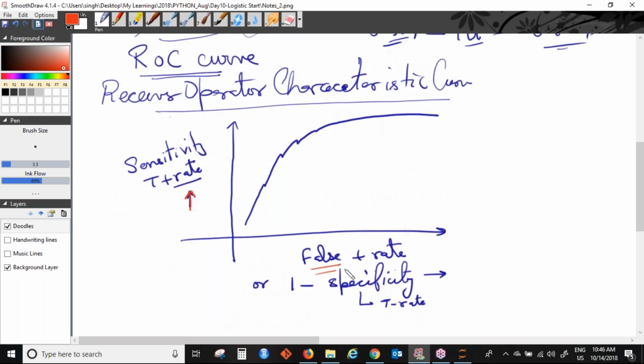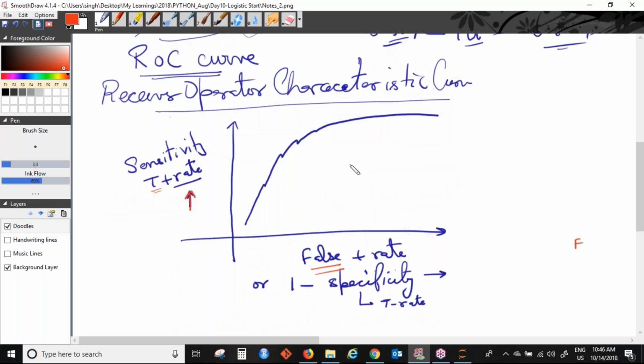Anything which starts with false is bad, and anything which starts with true is good. Always remember. False positive means you are saying it's a positive, but actually it is false. So this is bad. So this means that this is a good quantity and this is a bad quantity.